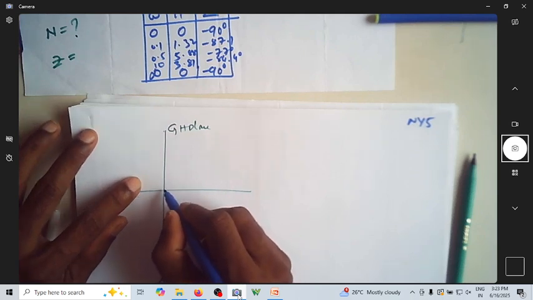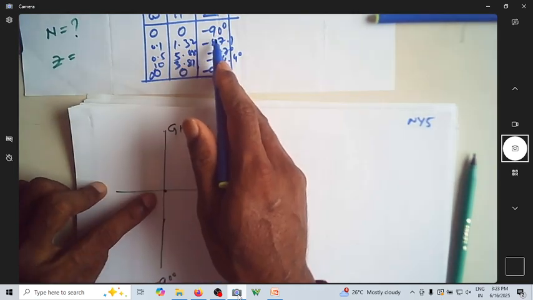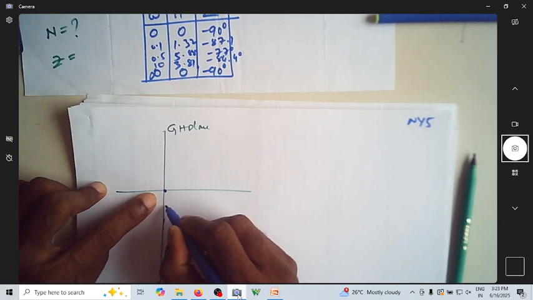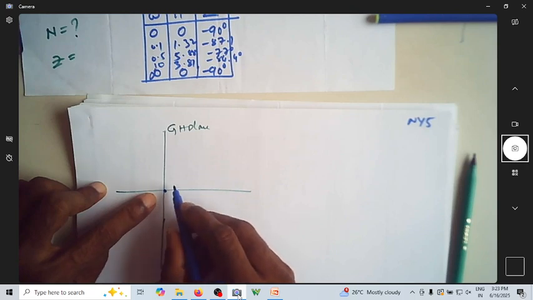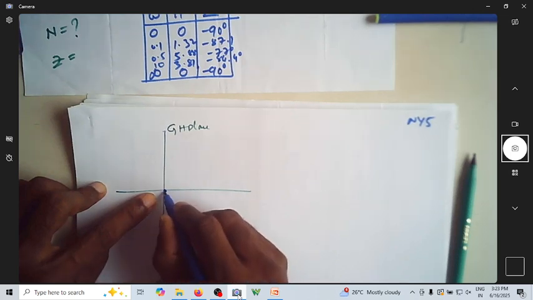This actually goes like this: this is 0 and minus 90 degrees, minus 87 comes somewhere here, and minus 77 comes somewhere here.